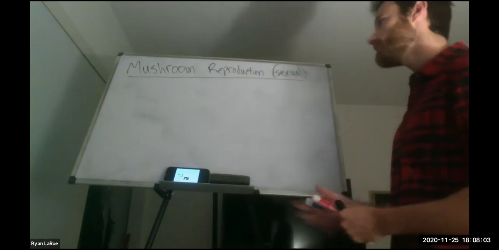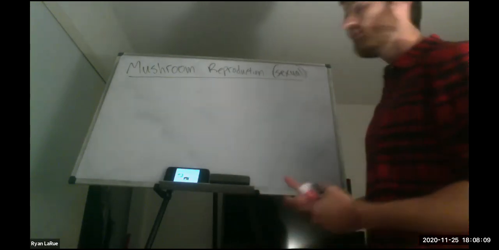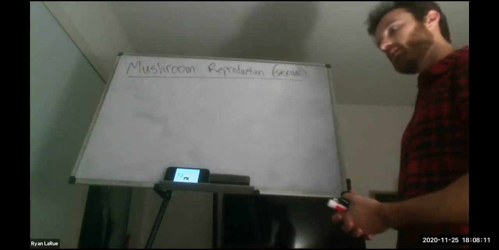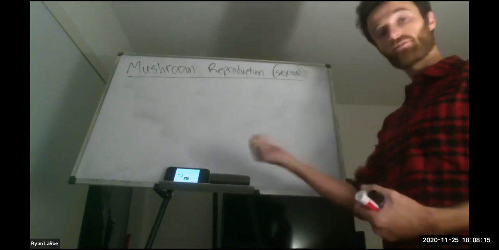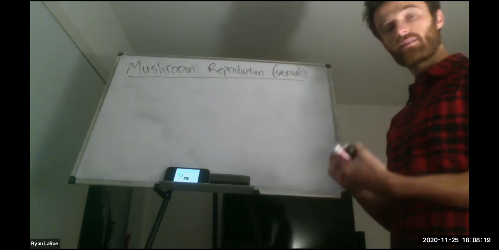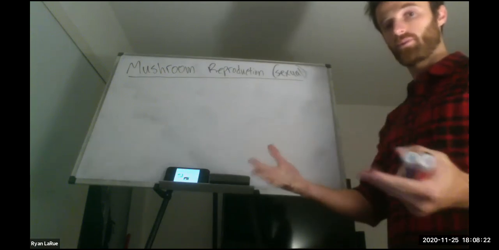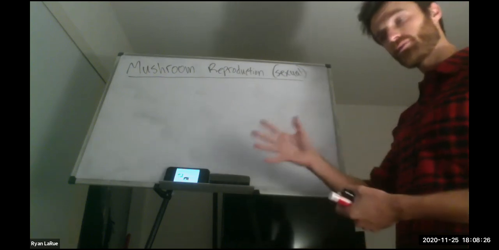Now remember, when I say sexual reproduction, what I mean in biological terms is the combining of genetic material from 2 different parent organisms. When you do that, that is sexually reproducing to form a new organism. As we saw before, asexual reproduction is just 1 parent organism.